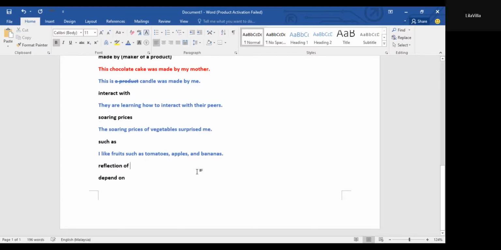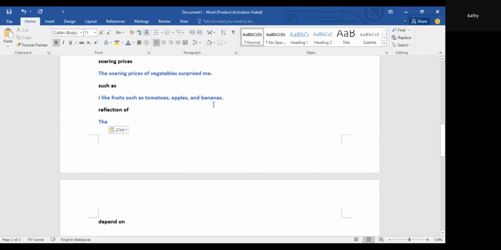Okay, what about "reflection of"? Reflection on a complex task such as teaching is not easy. I'm not sure about that.